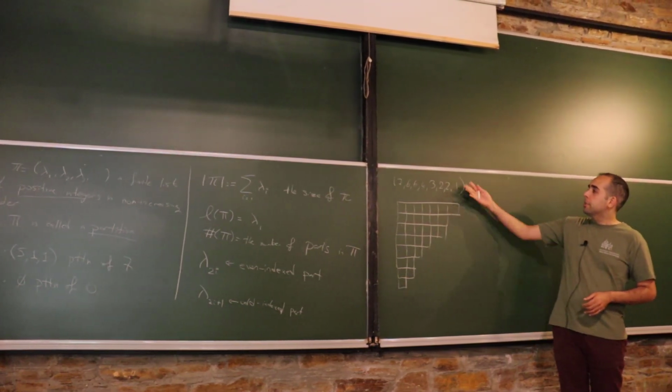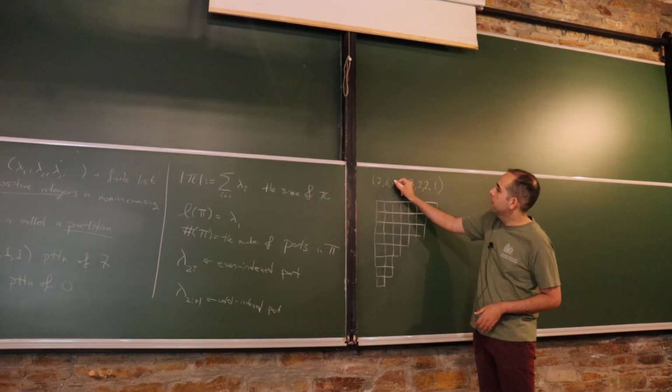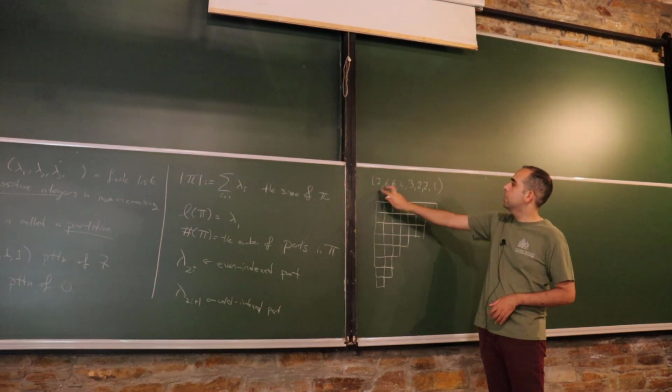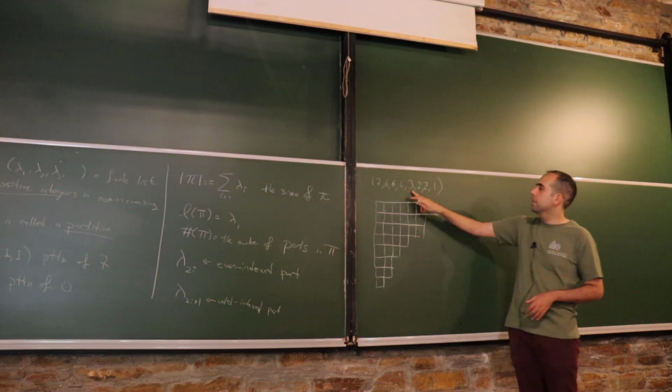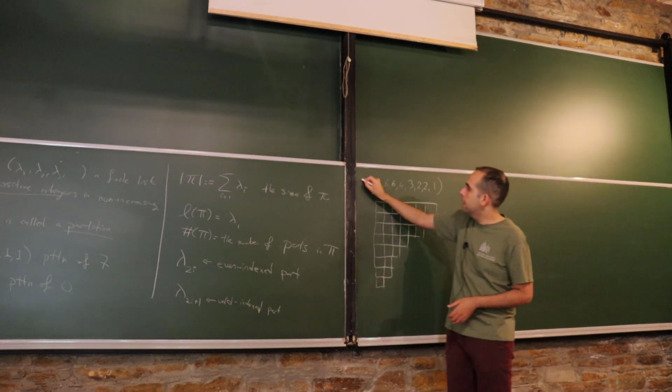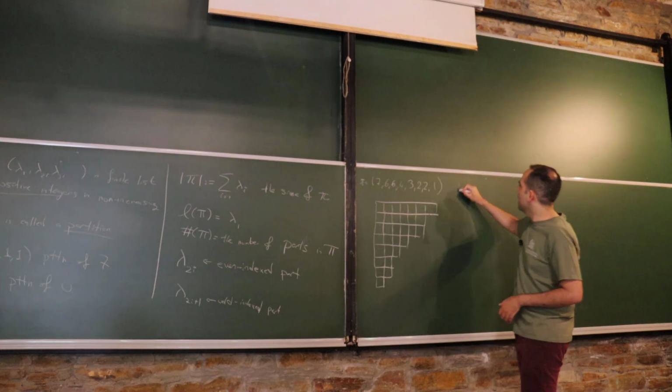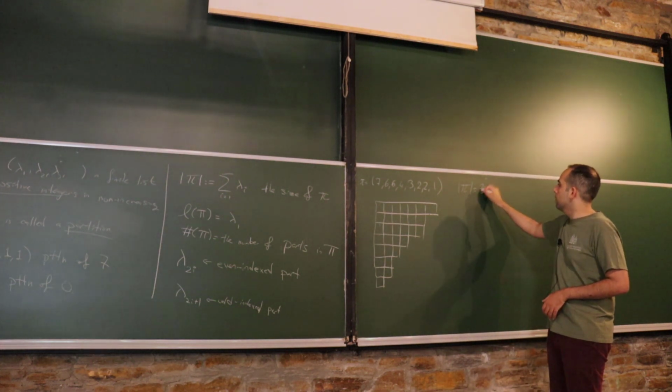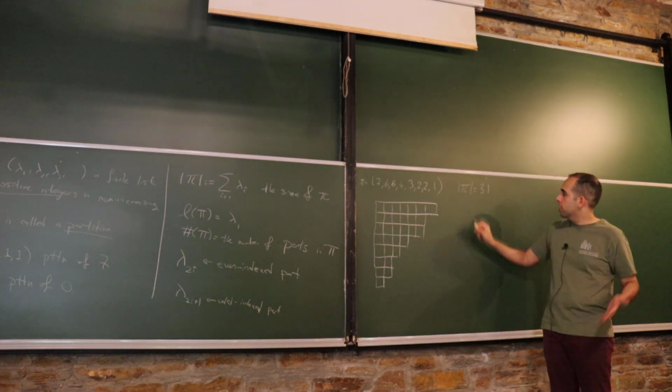So we can ask, what is the total size of this partition? 13, 19, 23, 26, 30, 31. So the size of this, if I call this pi, is 31. Good.